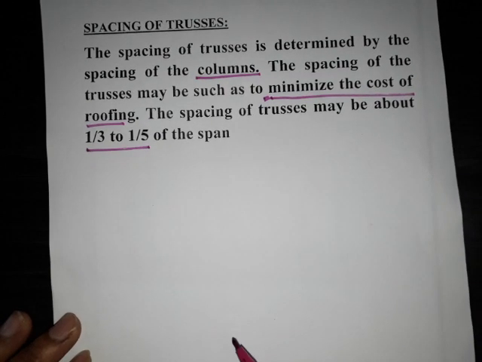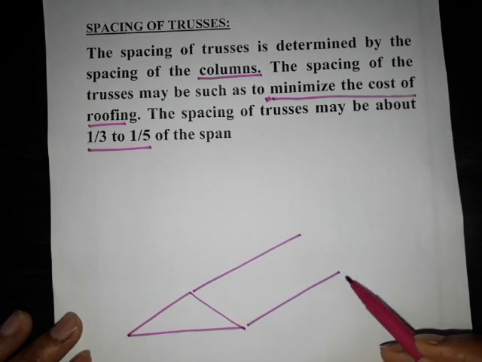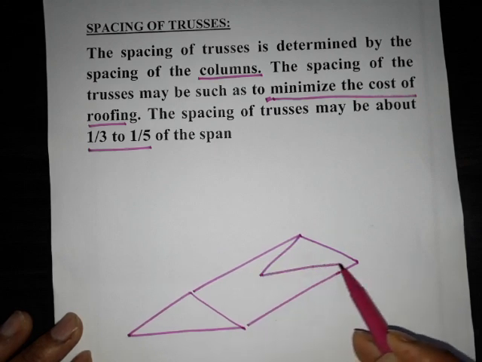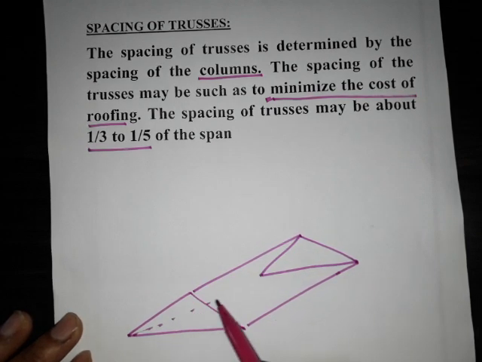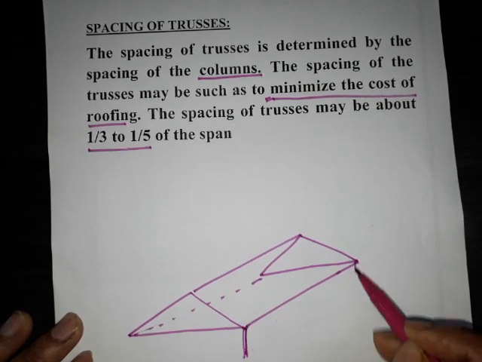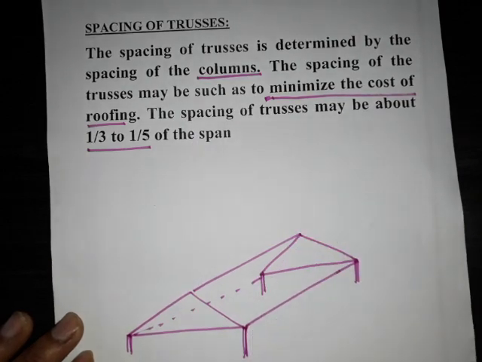Suppose you have the truss here, so the truss will be like this. This is supported over a column, this is also supported over a column, and this will be supported over a column. So what they have given is the spacing of the trusses, and the spacing is nothing but this.